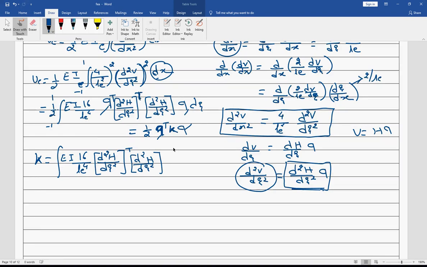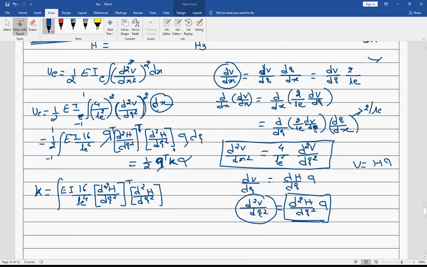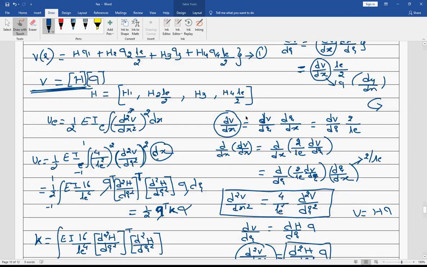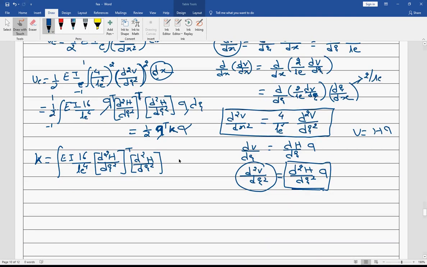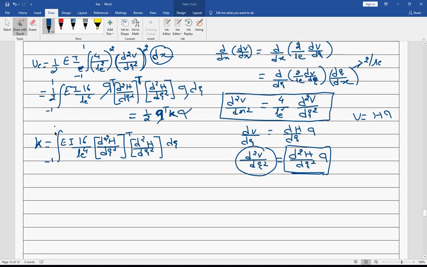Here this is H. So you differentiate two times, write vertically, differentiate two times, write horizontally. So this is what it means. And of course here it will be d xi, and the limits will be -1 to 1. So you can do it.